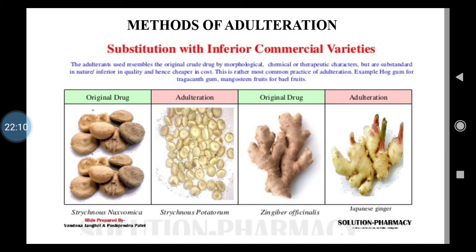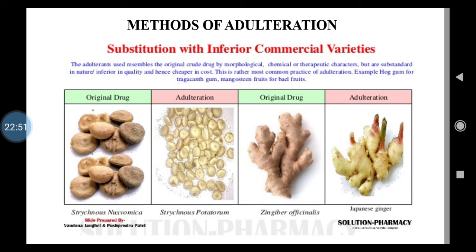Now here a few examples we can take. One example is nux vomica, Strychnos nux-vomica, where the adulterant is Strychnos potatorum. Another example we can take is ginger. Zingiber officinale is the original one, and the other is, sorry, it is Japanese ginger.